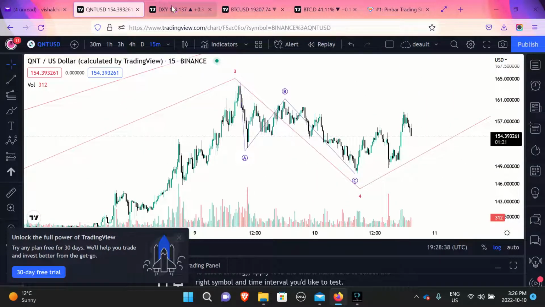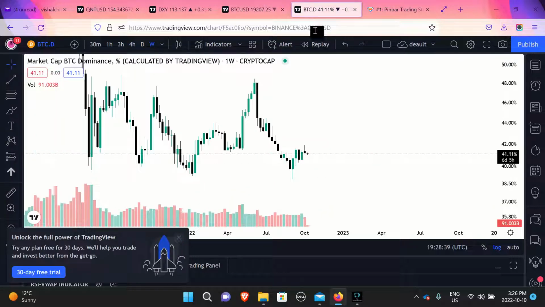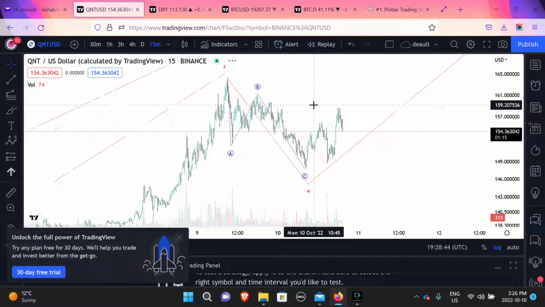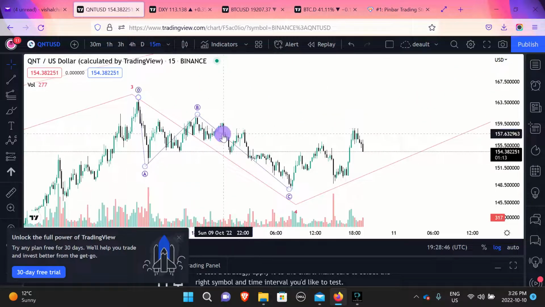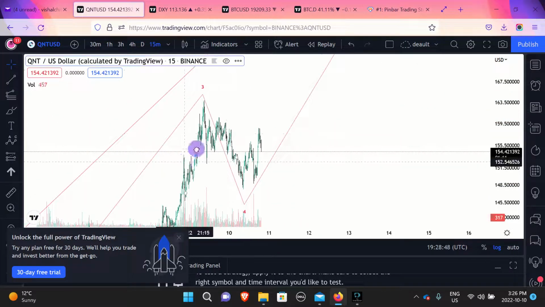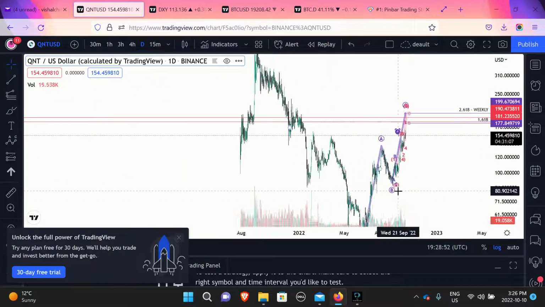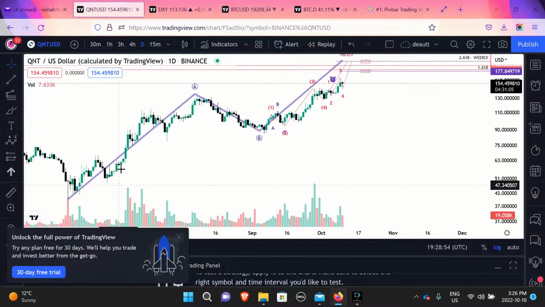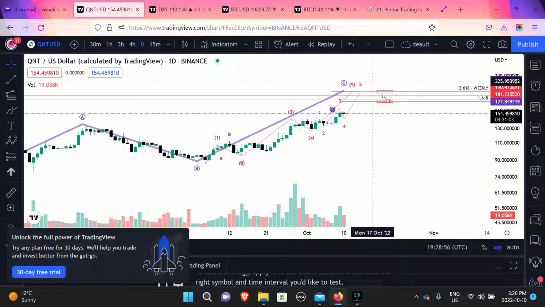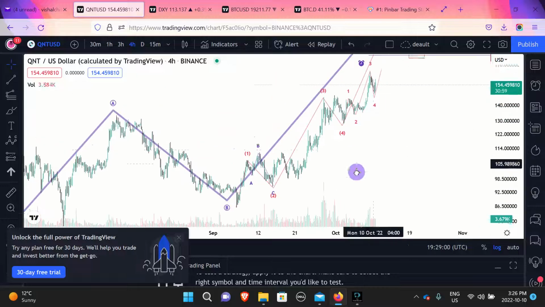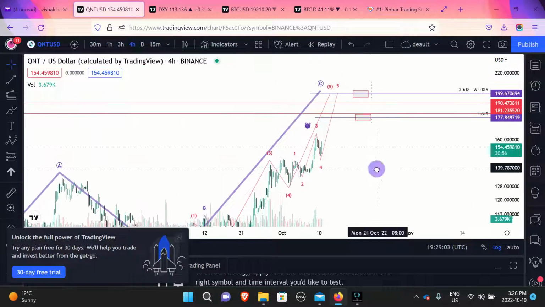We're going to be taking a look at Quant, DXY, Bitcoin, and Bitcoin dominance. We're just going to do a quick rundown because I just want to show you what I see on the charts here. Everything is playing out perfectly for Quant. If we drop down to the daily, we can see that we're doing our A, B, and then we're in our C leg, and within our C leg, we have our 5 waves up, 1, 2, 3, 4, 5.